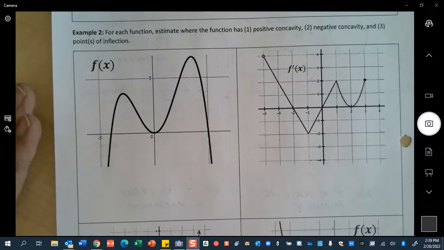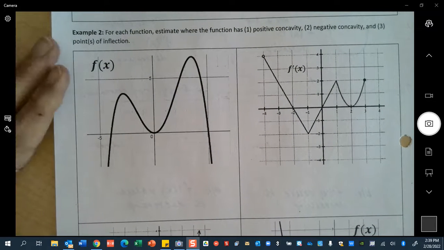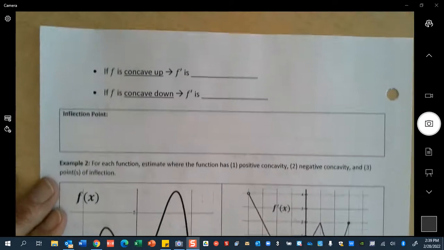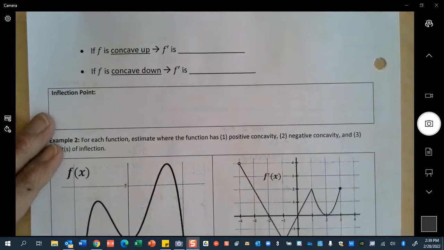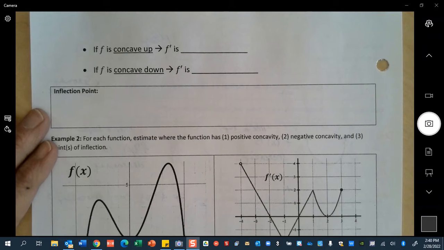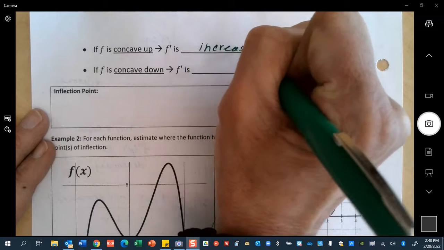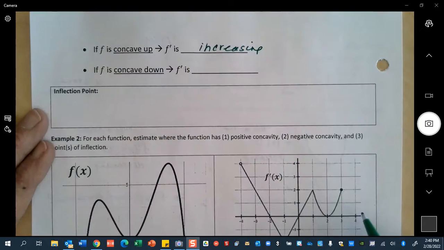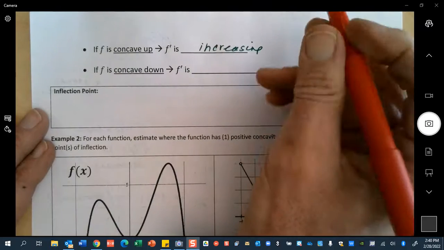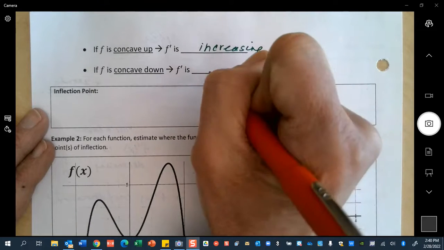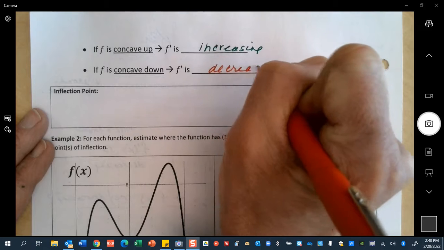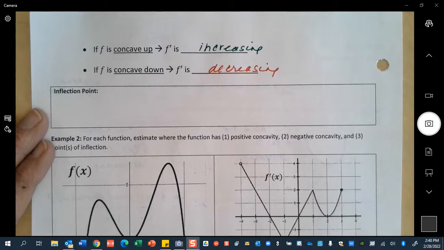All right. So if my original graph is concave up, that means that my derivative graph is increasing. If my function is concave down, then that is where my derivative graph is decreasing.